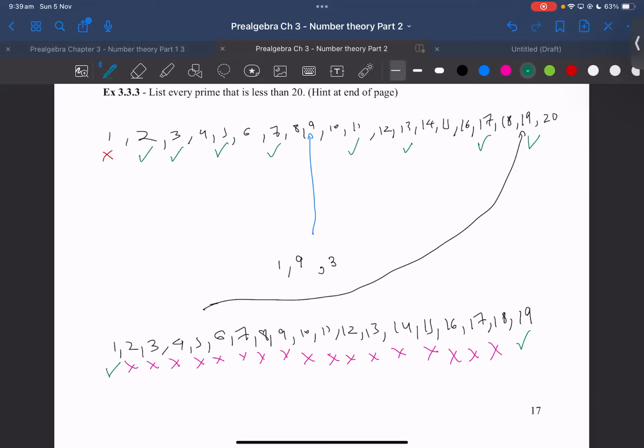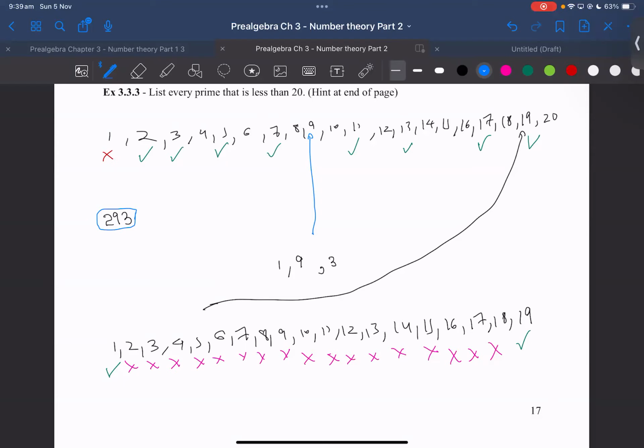Because what if I ask you this? I want you to check whether 293 is prime. How would you know? 293. Yeah. Because it can be divisible by 3. Not 3.